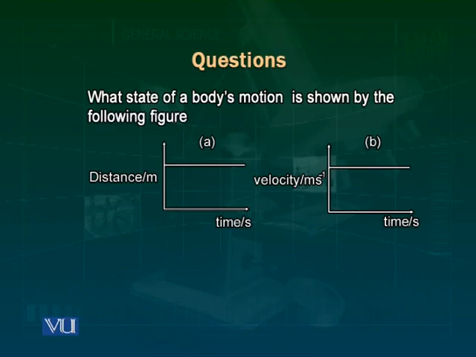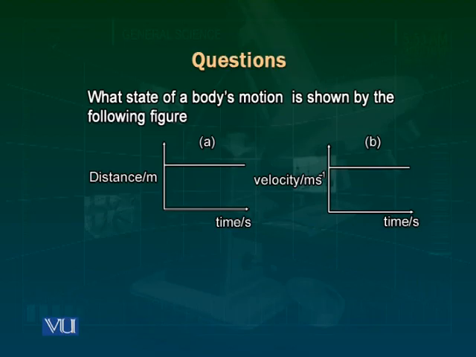Now, if we look at the distance time graph, we find that the distance is not changing with respect to time. At 0, it has covered a certain distance, and as we move along, because the line is parallel to the x-axis, this graph represents an object or a body which is at rest, which is not changing. In the second question, question B, we have a velocity time graph.